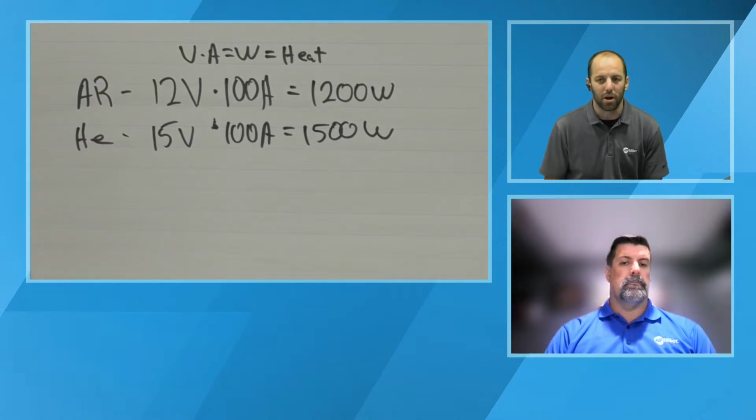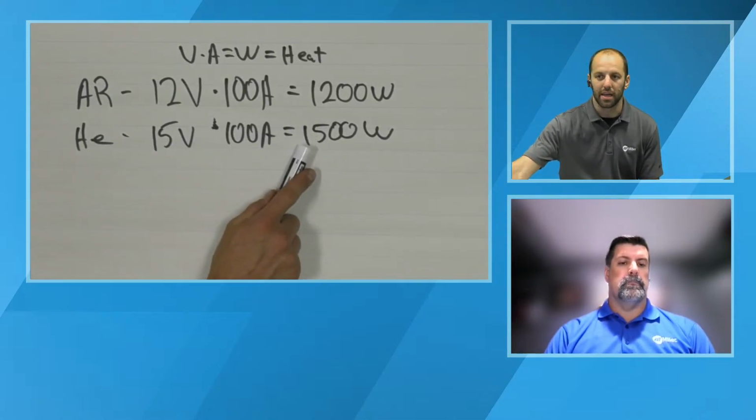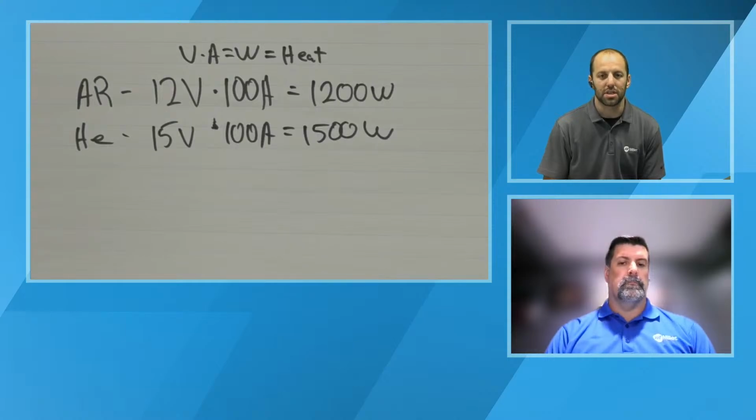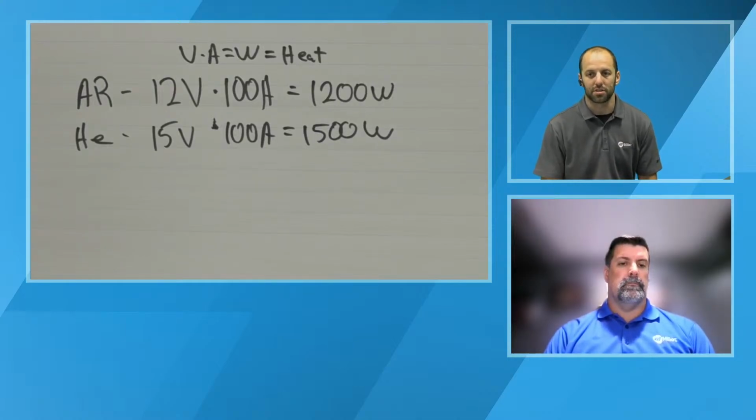But if you just have one small batch of parts coming through, and it doesn't justify purchasing a larger piece of equipment to get that extra amperage, you can somewhat cheat the system by buying one bottle of helium and getting that little bit of extra heat out of the system.